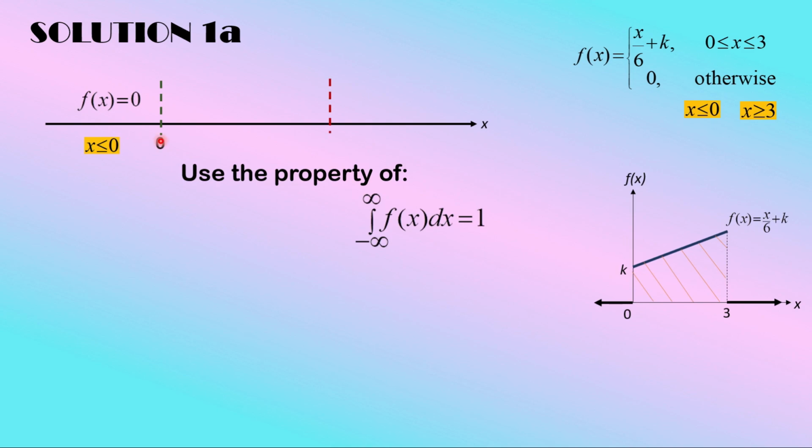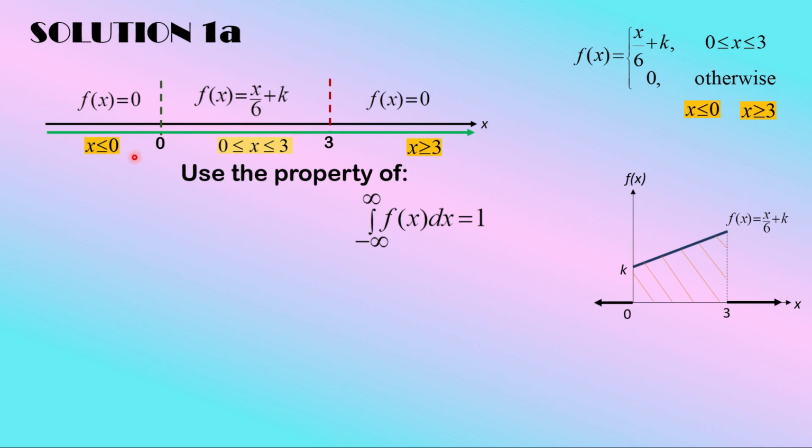The second interval, f(x) equals x over 6 plus k, in the interval 0 to 3, and f(x) equals 0 in the interval x greater than or equal to 3. So this real number line covers from negative infinity to infinity.